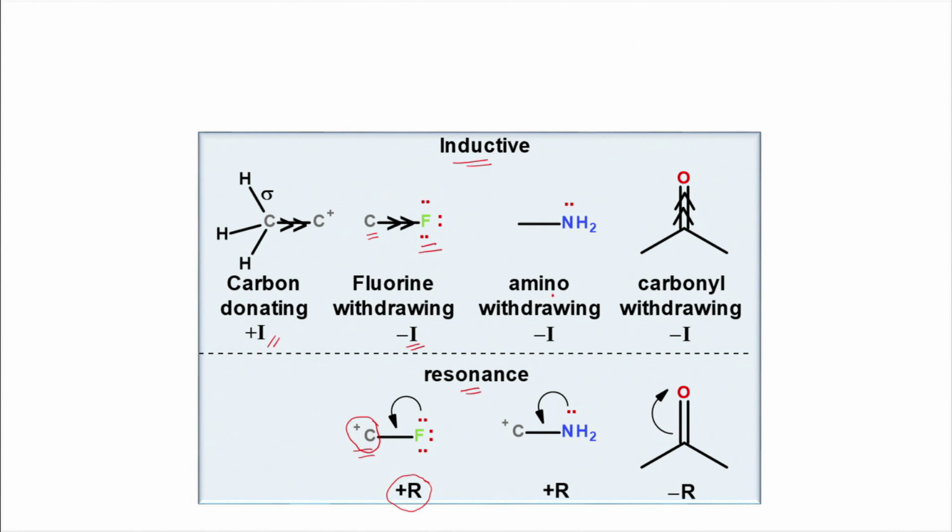And when we look at the amino group, if it is attached to the carbon, this actually pulls the electron towards itself because nitrogen is electronegative. But if it is attached to the carbocation, then the nitrogen can actually donate electron to the carbocation through plus R effect. The same is applicable in the case of carbonyl group.